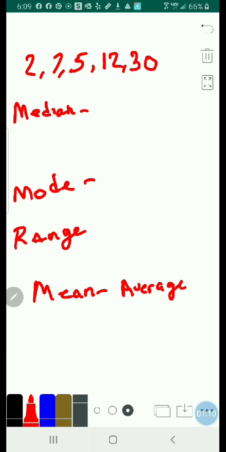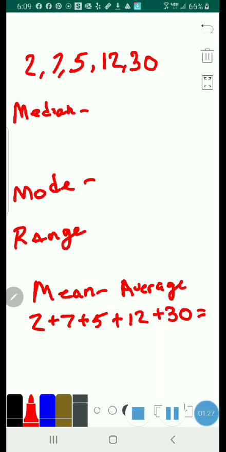And how we find the average, we're going to add up 2 plus 7 plus 5 plus 12 plus 30. Okay, that's the first step. So in your calculators, put those numbers in.